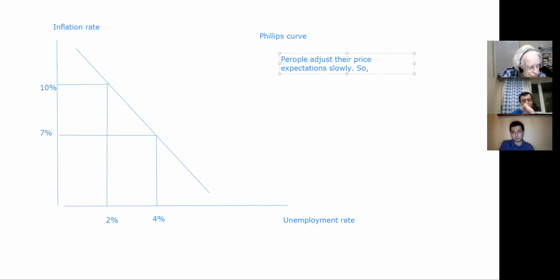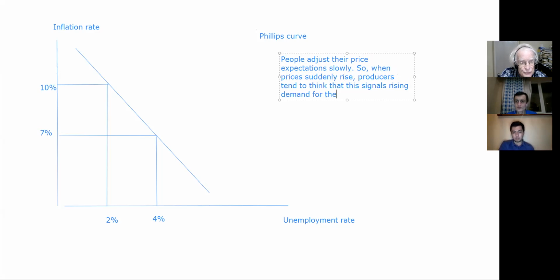So when prices suddenly rise, producers tend to think that this signals rising demand for their products.